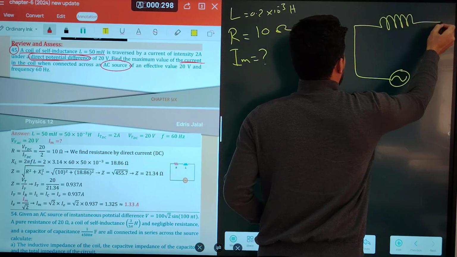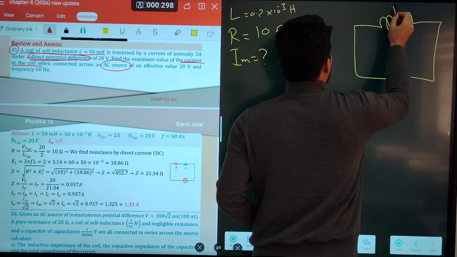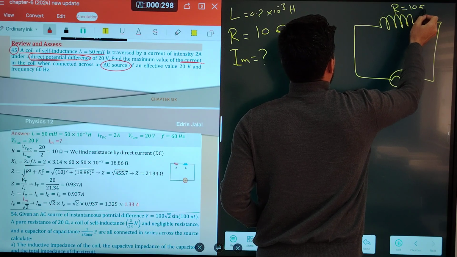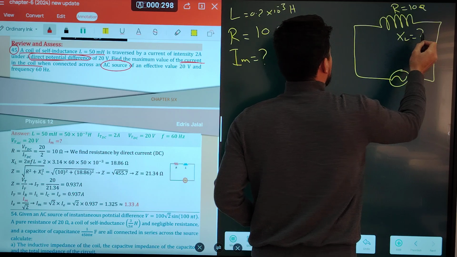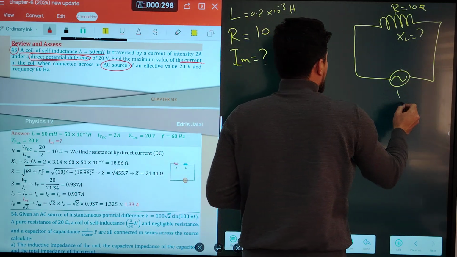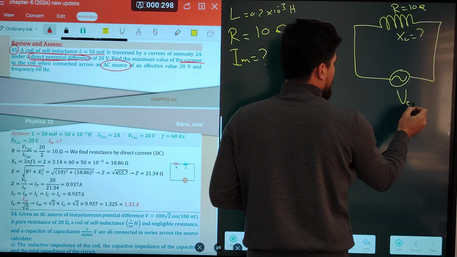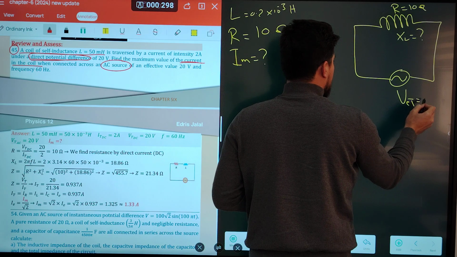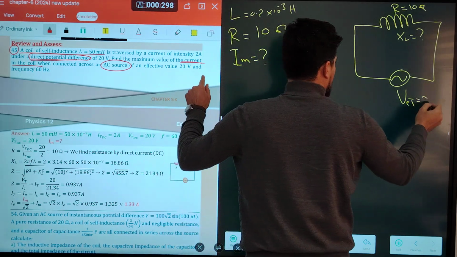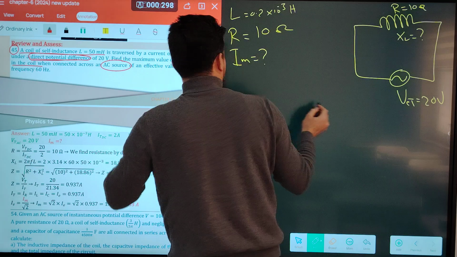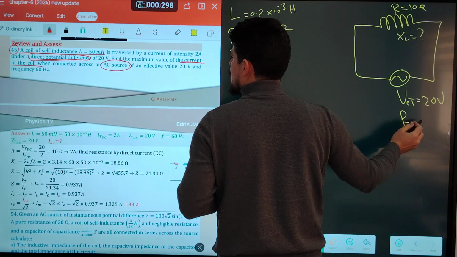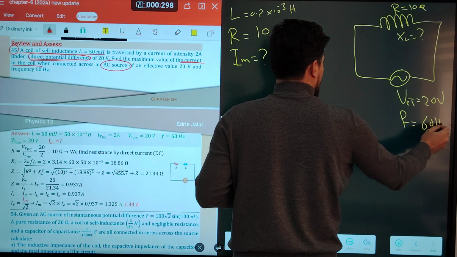Okay? Do we have resistance? Yes, 10 ohm. Do we have XL? Yes, we have XL, but we don't know it. Okay? So the value of the effective potential difference is equal to 20 volt. And the frequency is equal to 60 hertz.